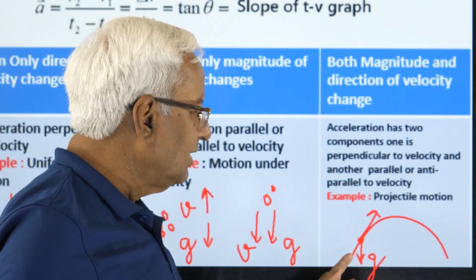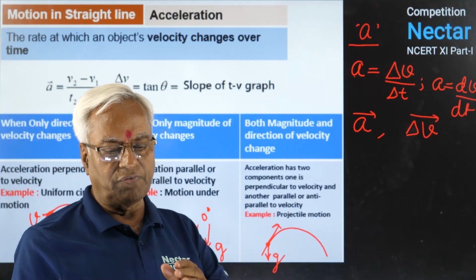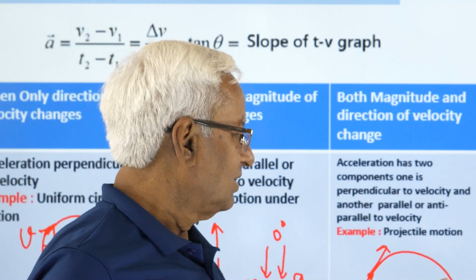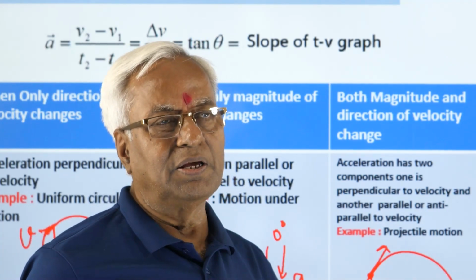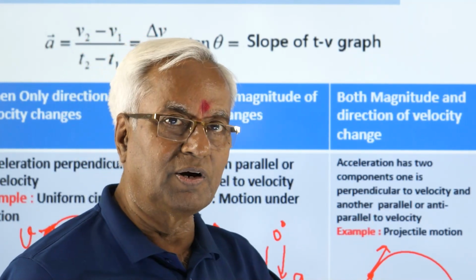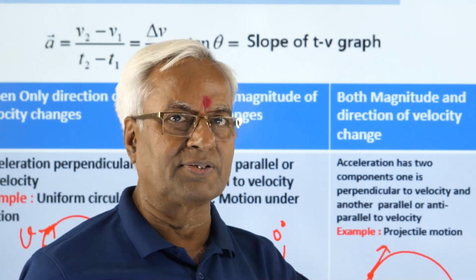Here, the angle is going to change continuously. It might change from 179.99 degrees, and ultimately it could even be 0.001 degrees. That means excluding 180 and 0, you can have any angle between velocity and acceleration.